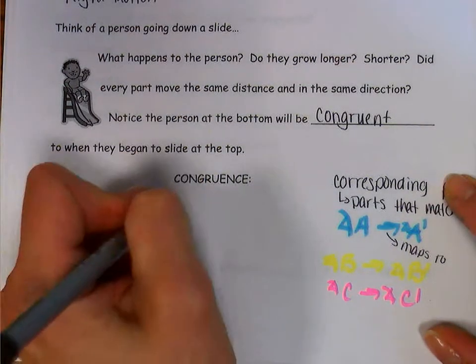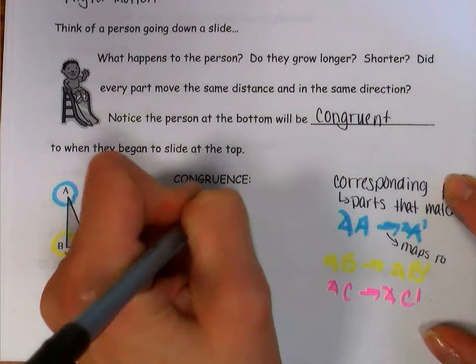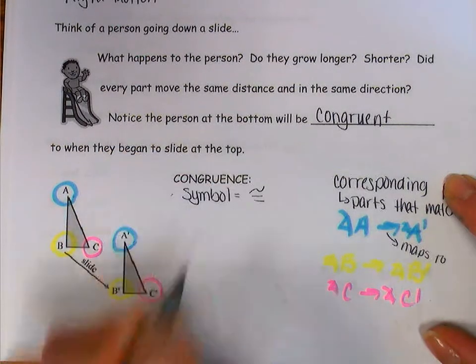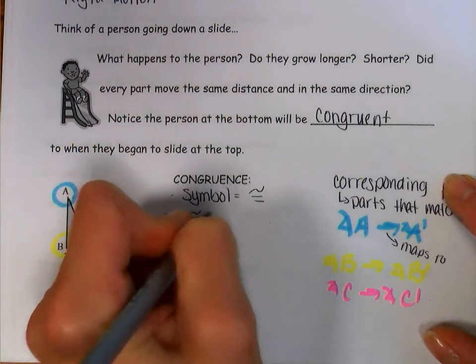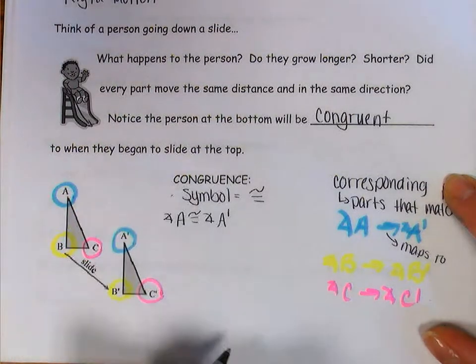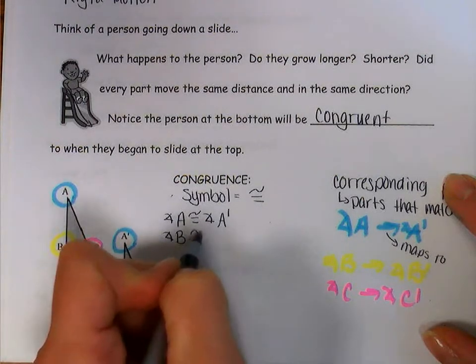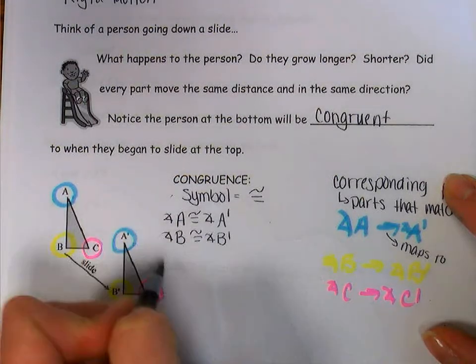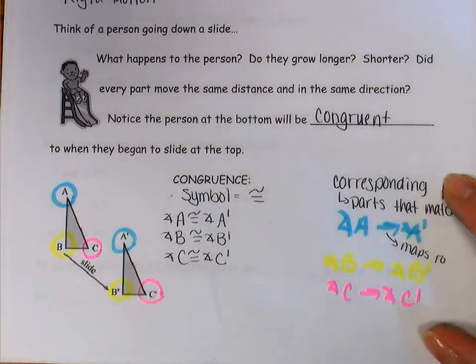The symbol for congruent is an equal sign with a little wavy sign above it. And we can say that angle A is congruent to angle A prime, angle B is congruent to angle B prime, and angle C is congruent to angle C prime.